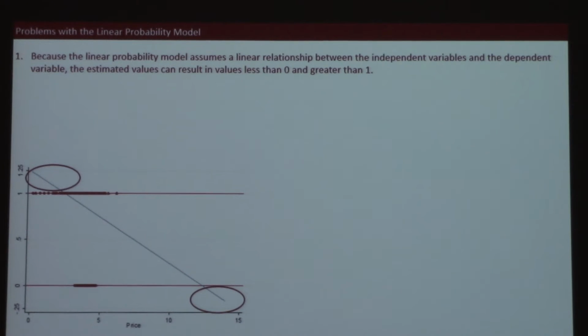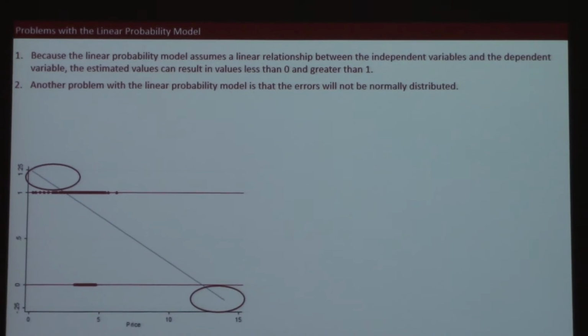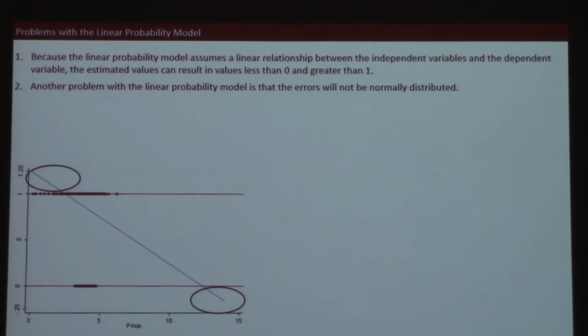That's my main objection: this relationship may not be linear, but I should put this as number one, you get probabilities greater than 1 and less than 0. The errors are supposed to be normally distributed. They're probably not.